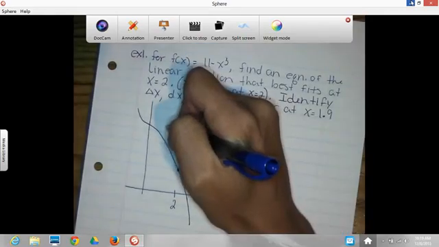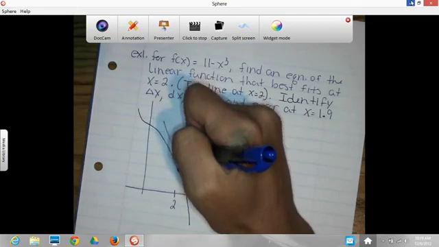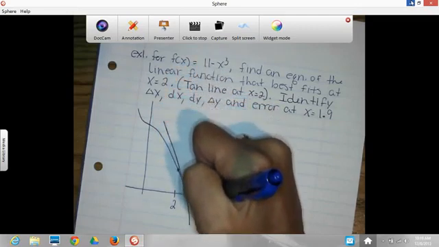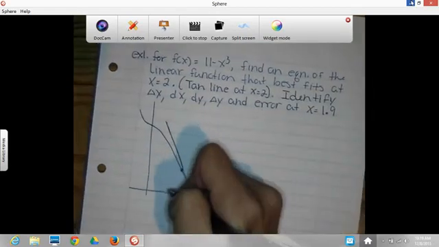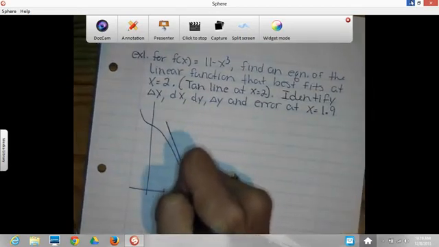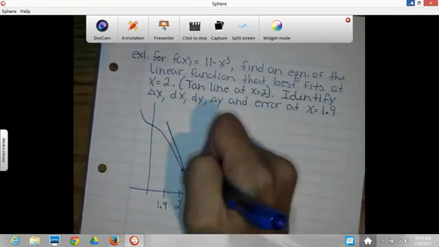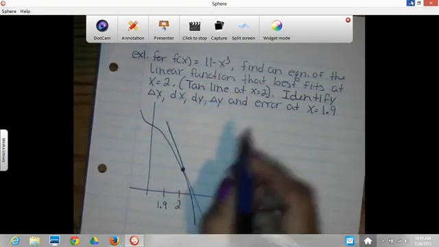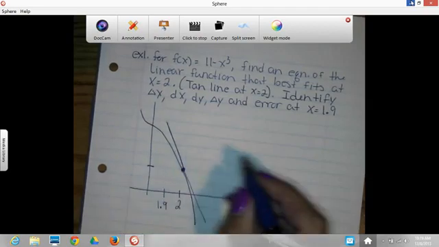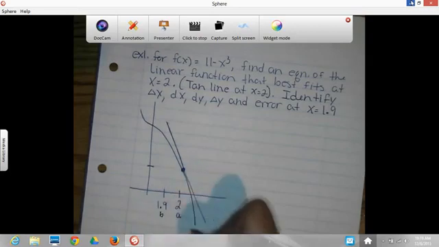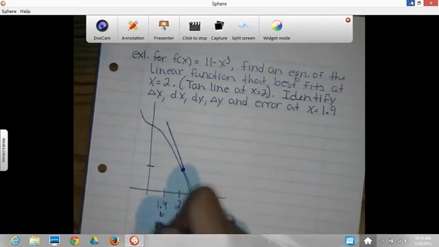So just a rough sketch of the tangent line in here. I'm going to call 1.9 way down here just so I can get some separation, because you know at the tangent spot there's only one y value. We're going to need to know that, because that's my a. This is my b, or my x plus delta x.